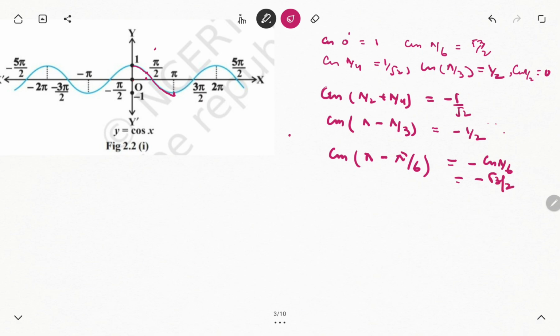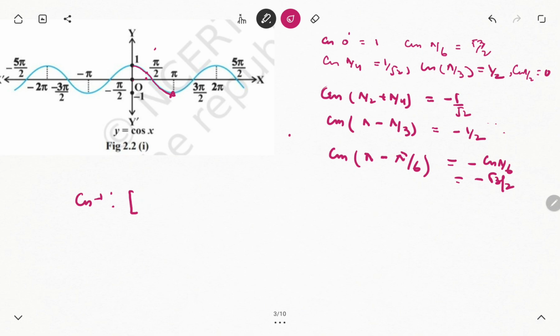Now see, this means from 0 to pi we are getting all the negative and positive values. So we restrict the domain of cos inverse; we will get all the values.